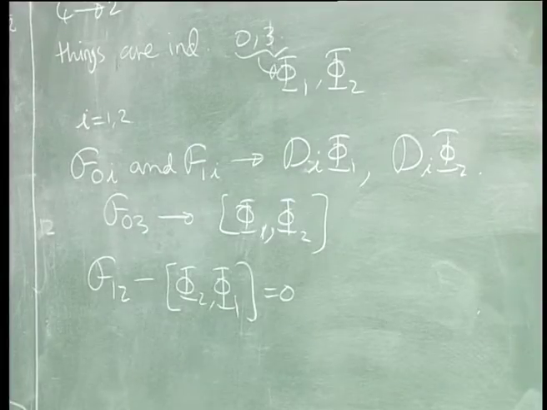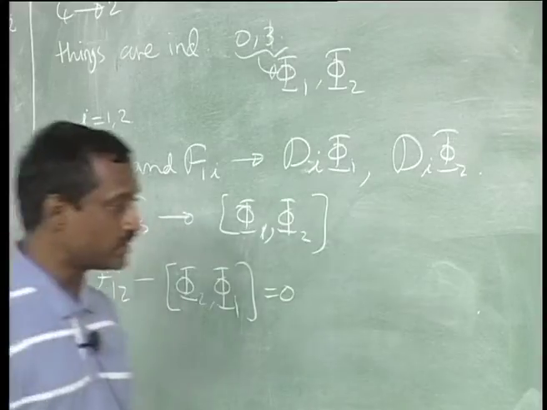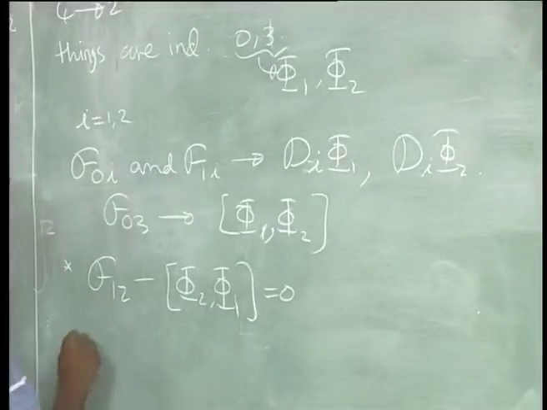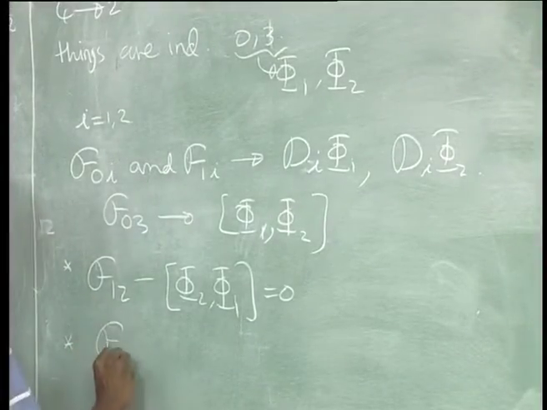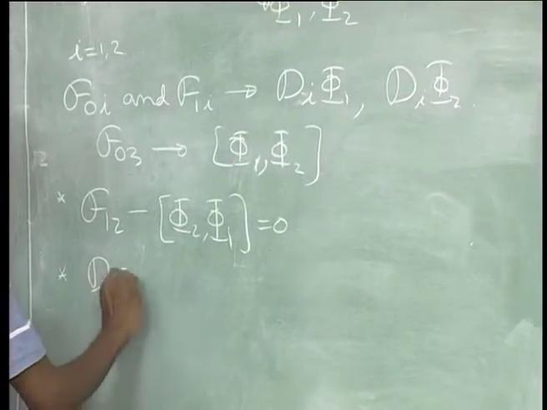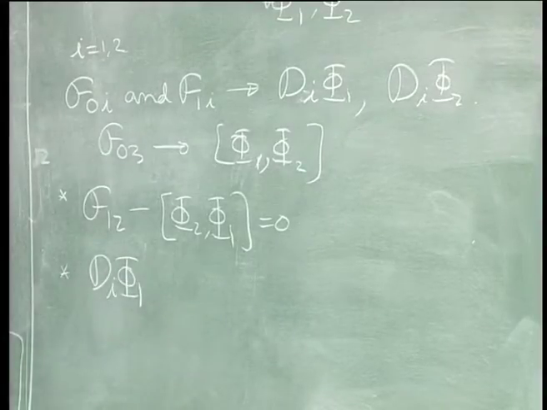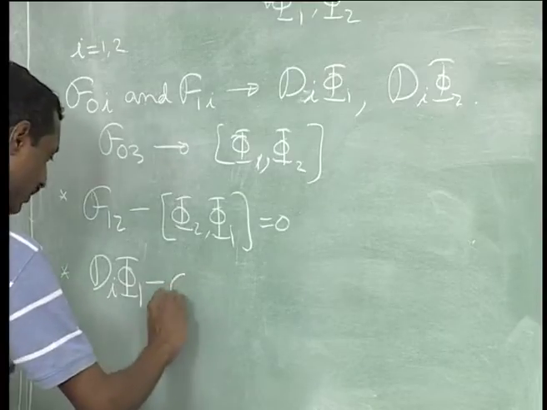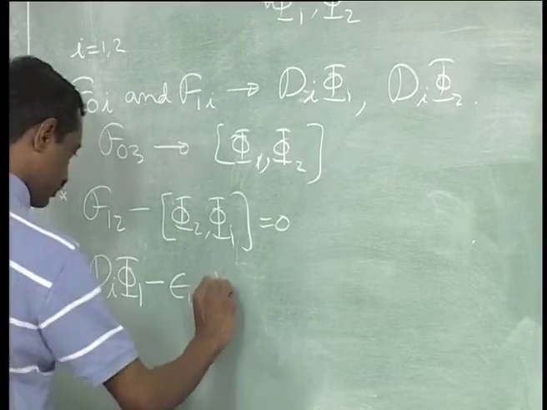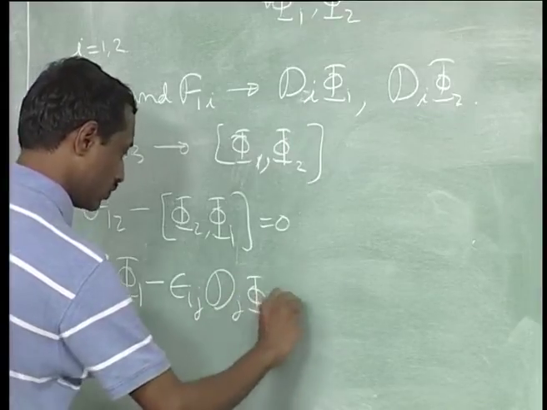But there is still one more equation I could have considered. I could have considered F0I here, then I will get the other one. What we will get is something like this: F01, which becomes D of phi 1, will become equal to minus some epsilon ij, again I am a little loose with the sign, of Dj of phi 2 equal to 0.